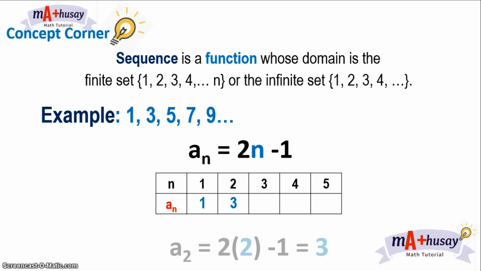Now, if n is 3, you'll get 5. And when n is 4, you get 7. And when n is 5, you get 9, and so on. When you have the general or nth term of a sequence, you can easily find any terms of a given sequence.